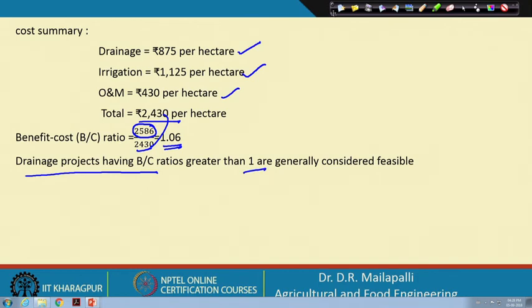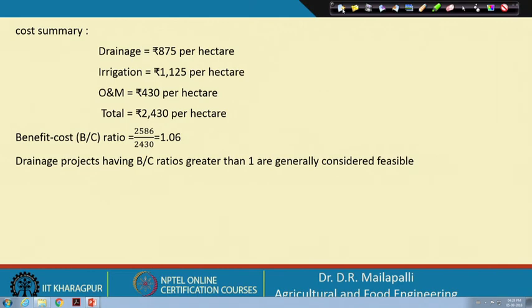So, in this way in drainage projects, knowing the expectations in 10 years or 20 years time, those are the benefits. Those benefits are brought to the present value by multiplying with the discounting factor.